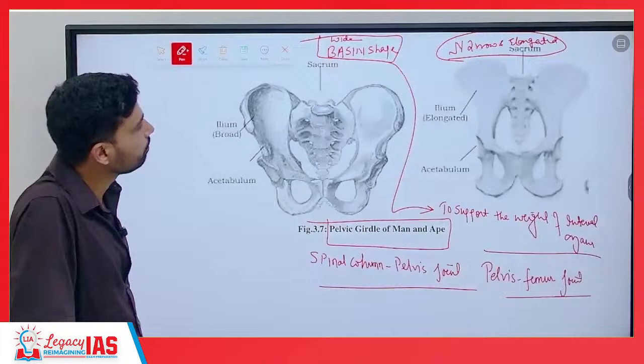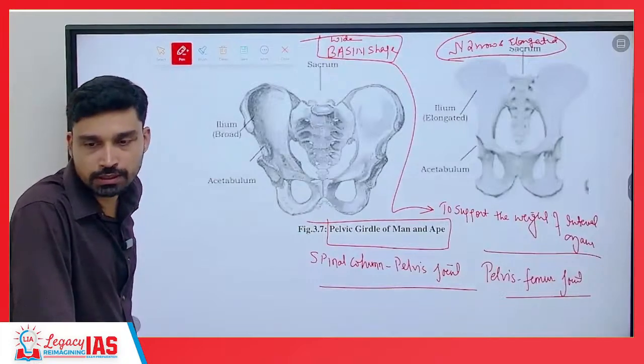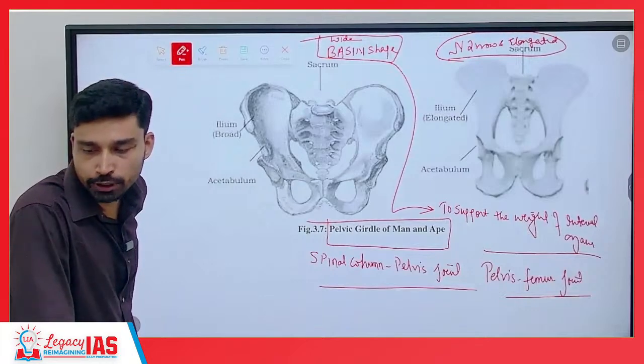The spinal column and pelvis joint is closer to the pelvis and femur joint in man.